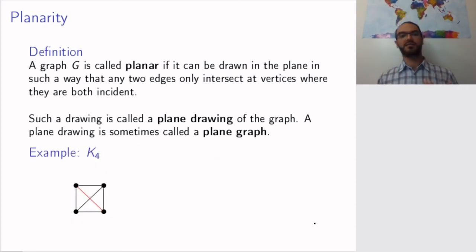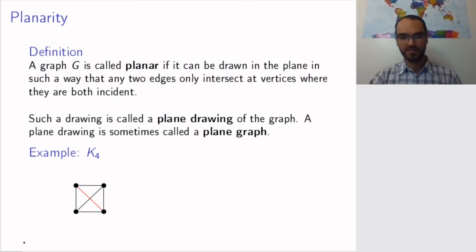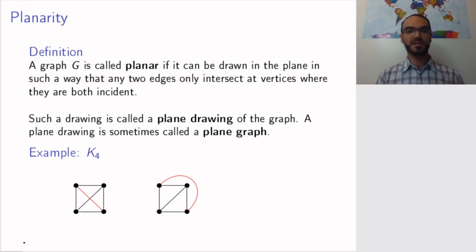So let's look at another example. Let's look at K4. So K4 looks like this, and as I've drawn it here, I have this red edge crossing the black edge. So this is not a plane drawing. But if I take this red edge and instead pull it out, like so, it's still the same graph. I haven't changed the adjacencies, but now I've drawn it in a different way so that I don't have any crossings.